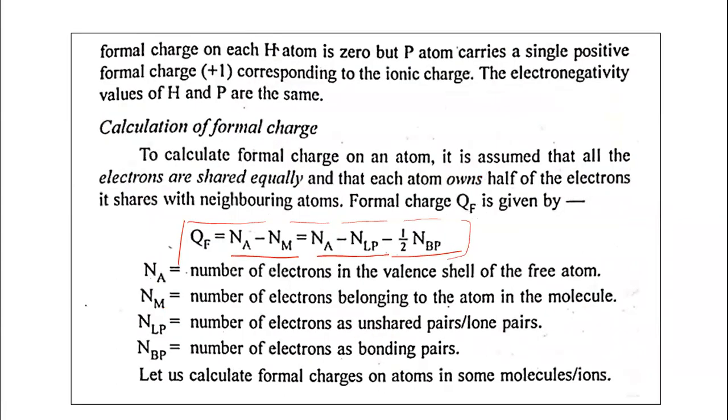The calculation of the formal charge is done using this formula: QF is equal to Na minus Nf, or it is equal to Na minus NLP minus 1 by 2 NBP. NLP is the number of lone pair electrons, and NBP is the number of bond pair electrons. By this formula you can calculate the formal charge for a particular atom in that molecule.